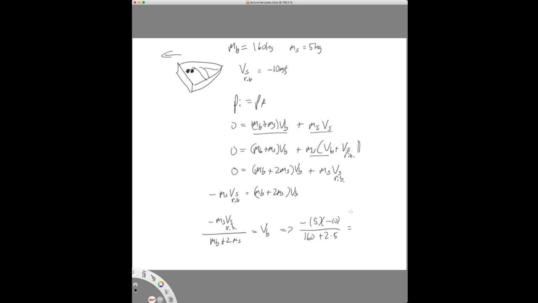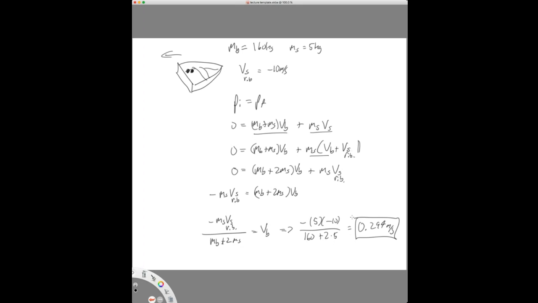If you refer to what we did last time, the denominator was 160 plus 10, so the denominator was exactly the same. And the numerator was 10 times a negative 10. So the numerator was exactly half what we have here. So we get exactly half of the velocity we got from the previous case, which makes sense. We threw half as much stone, we get half as much velocity.